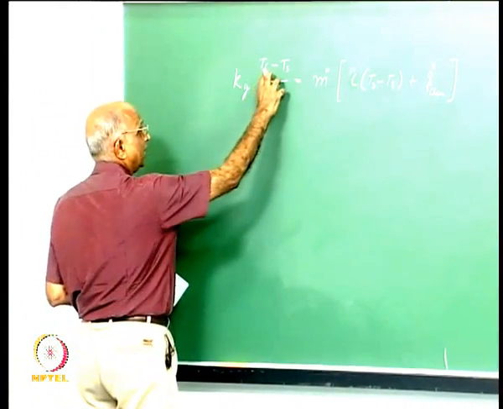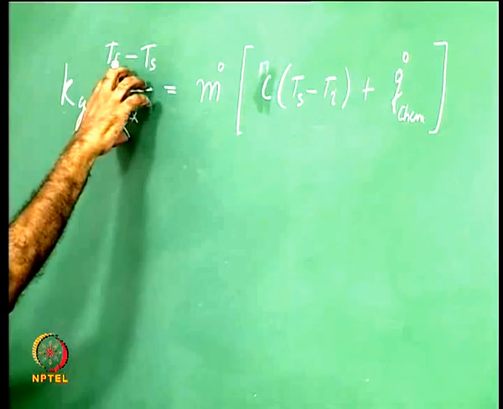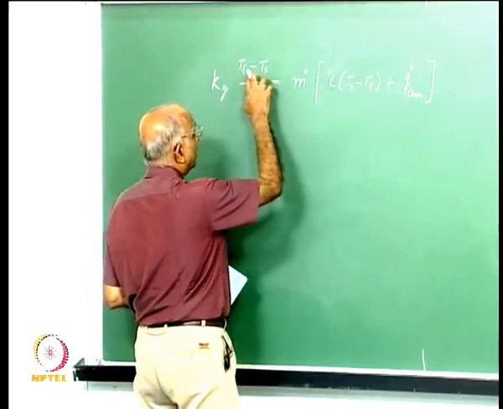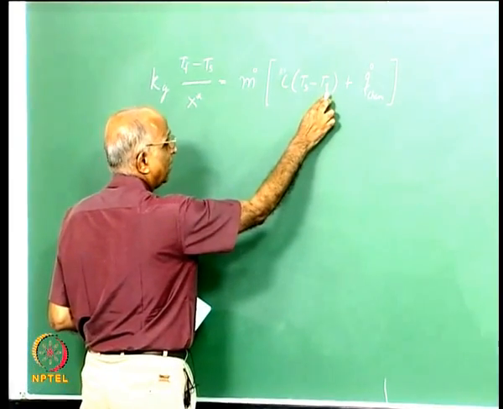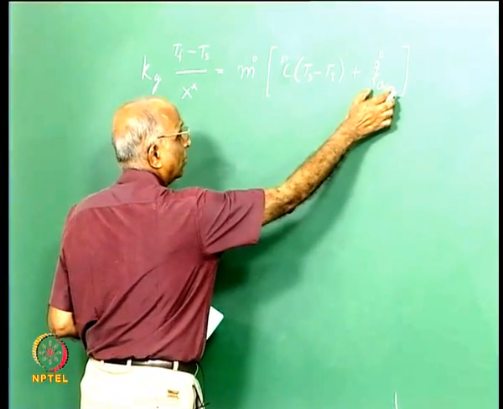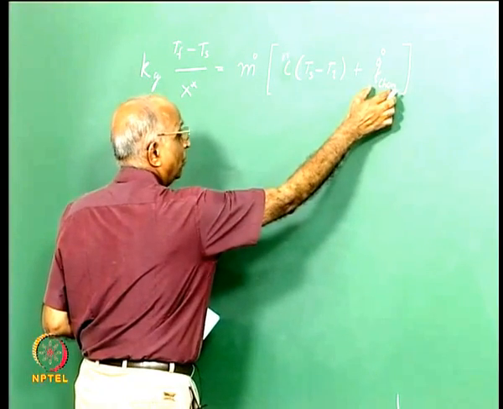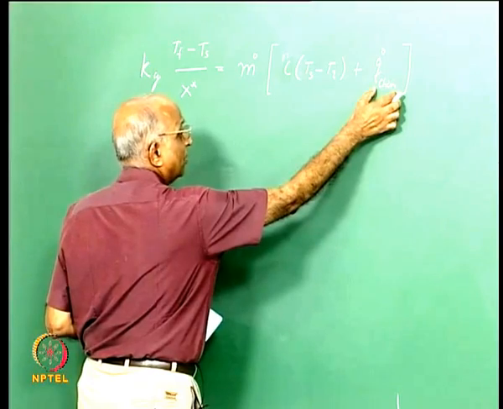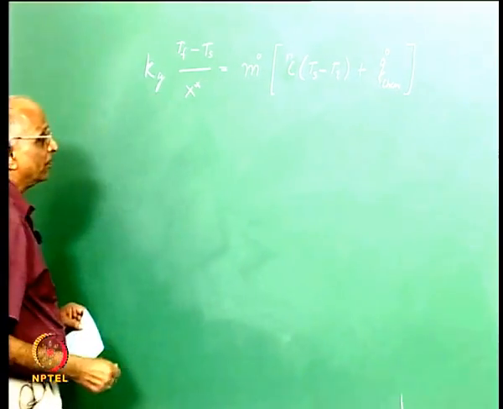Namely, this is the heat which gets transmitted from the flame to the surface, and this helps to increase the surface temperature to Ts from the initial value, and also supplies the energy required to vaporize the surface, to convert the surface from solid to vapor through a set of endothermic reactions.